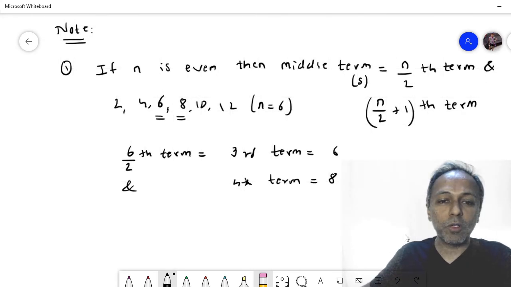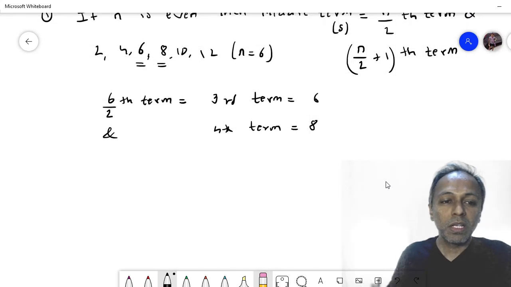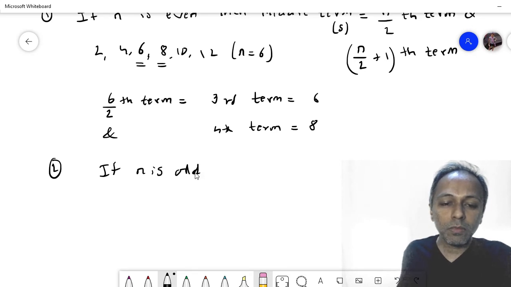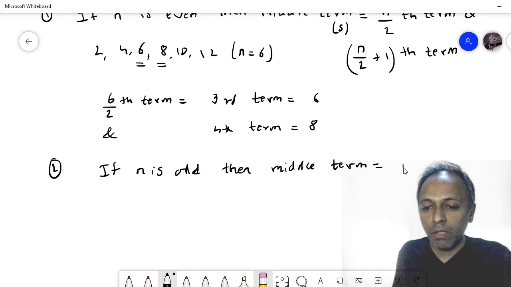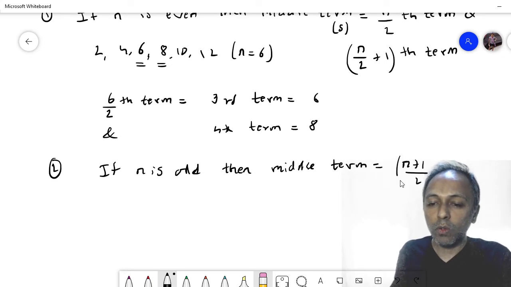So middle terms are possible when n is even, but suppose you had n as odd. So if n is odd, then your middle term will be equal to the n plus 1 upon 2th term.